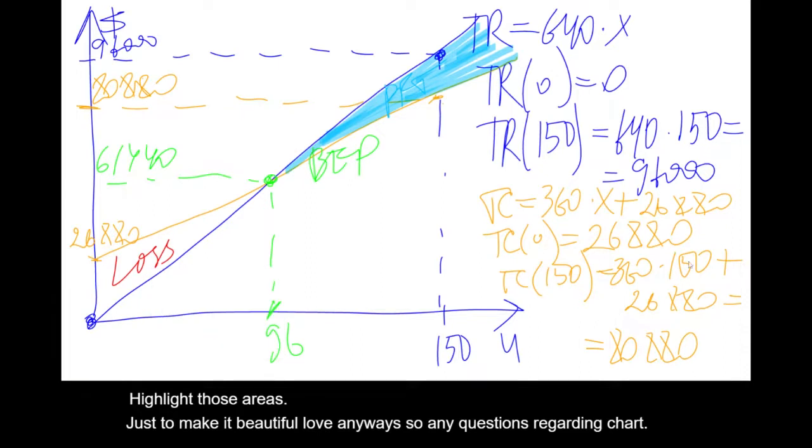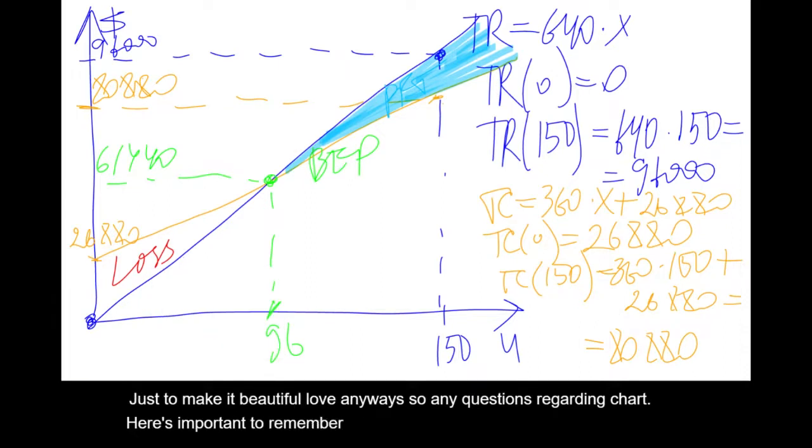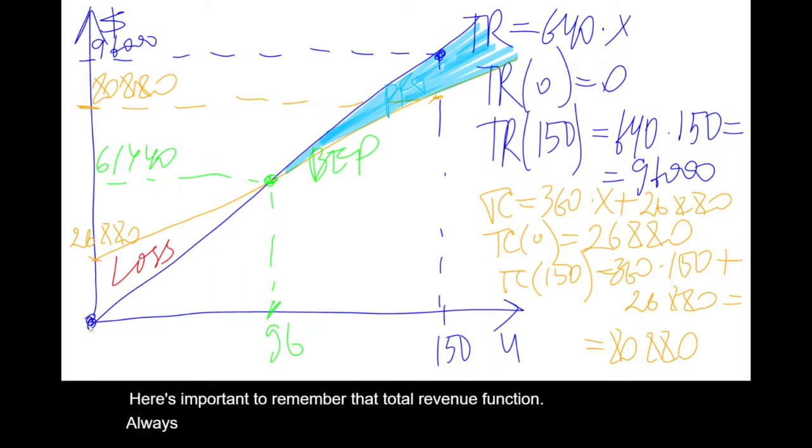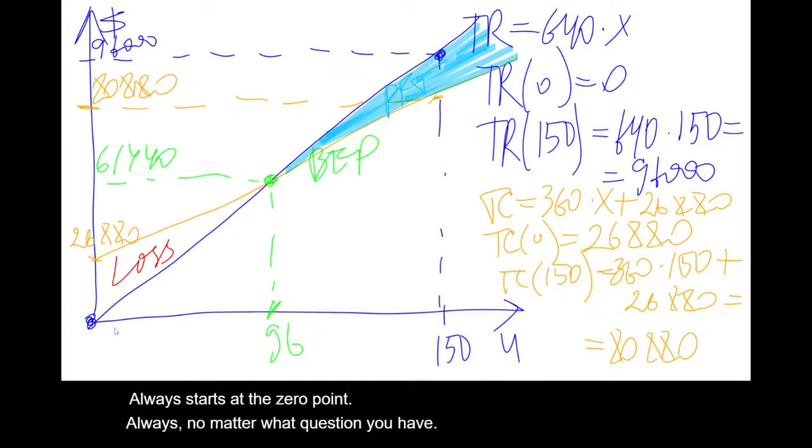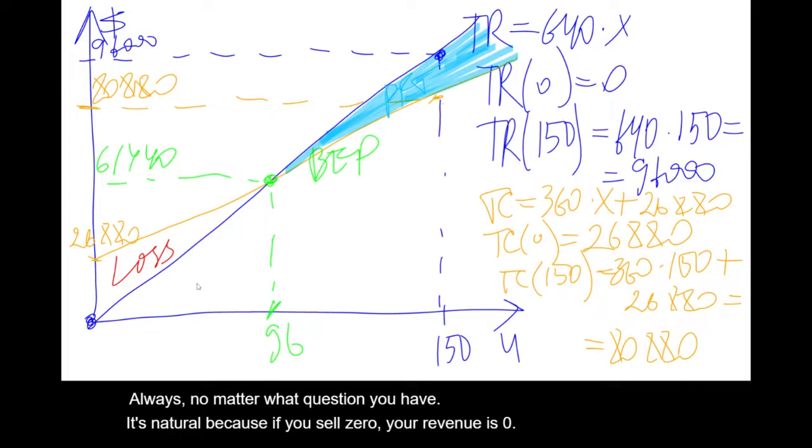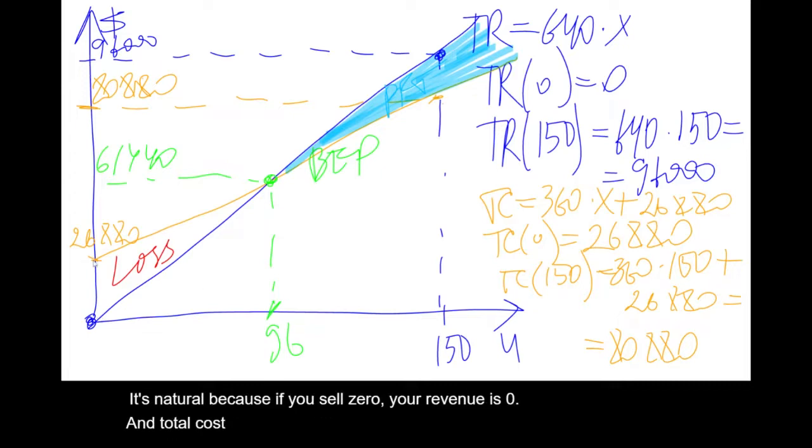Here it's important to remember that the total revenue function always starts at the 0 point. Always, no matter what question you have. It's natural because if you sell zero, your revenue is zero. And the total cost function always starts at the fixed cost point.